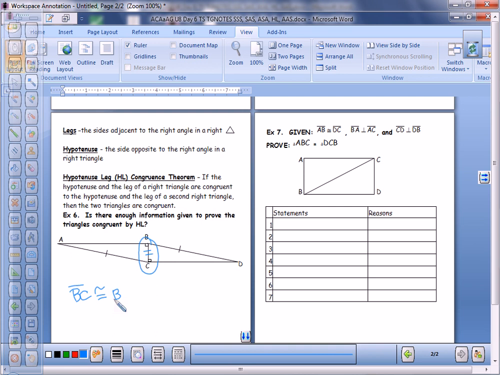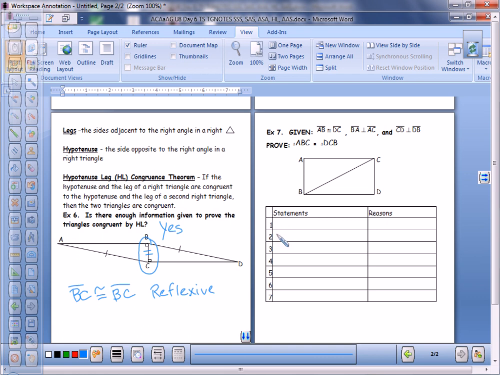So since BC is congruent to itself because of the reflexive property, then we can prove that these two triangles are congruent. We have a hypotenuse and a leg of one right triangle congruent to a hypotenuse and a leg of the other right triangle. So yes, there is enough in that picture.